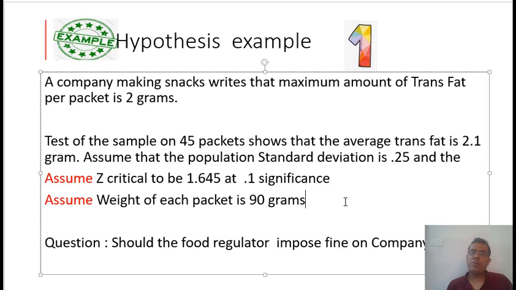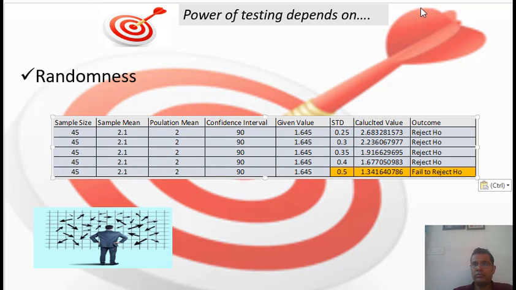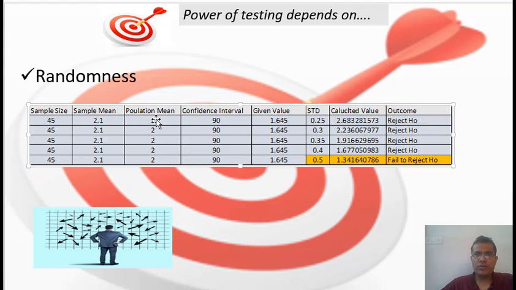So now let's see our calculation for different values of the standard deviation. So same thing I have recreated over here. In this example, basically I am discussing the randomness. You can see that for all the columns the values are same. Only change you can see is in your STD, that is your standard deviation. So you can see the changes in your third column from the right hand side, STD standard deviation.